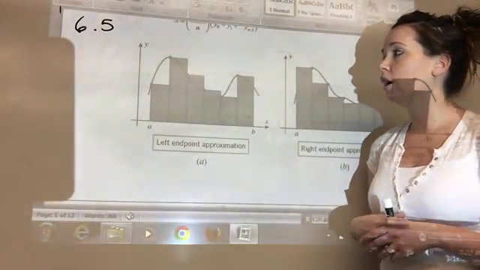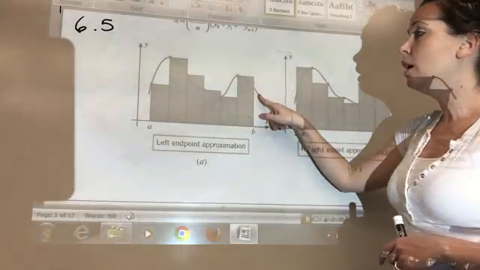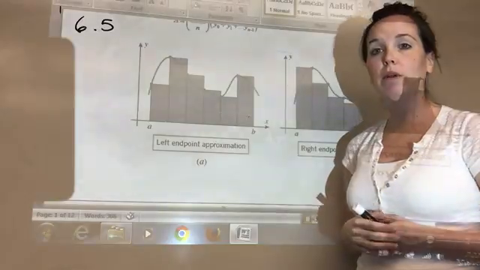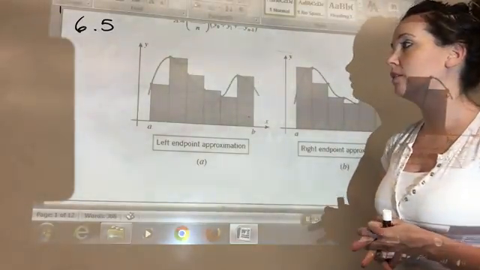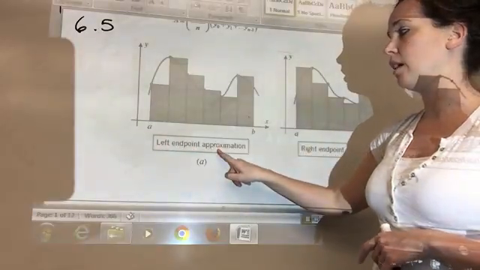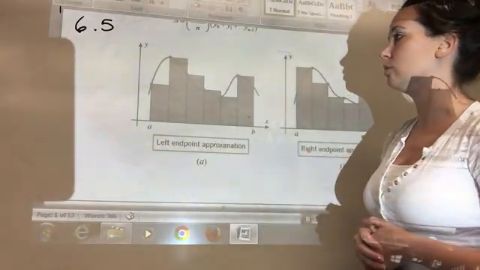So if you look at the curve here, we can see that we have some blocks underneath. And today what we're going to do is talk about different ways to draw our rectangles. This is a left endpoint approximation, so the left RAM that I just was talking about.